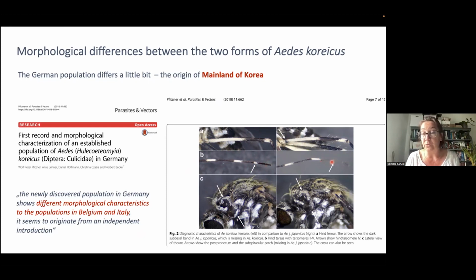And in Japonicus, both the fourth and fifth segments are black. They also highlighted a further difference between Japonicus and Kornélia on the side of the thorax. But to be honest, it's very hard to see these differences, the presence or absence of these white pairs, on field collected mosquitoes, because sometimes it's missing because the mosquito was destroyed in the trap.